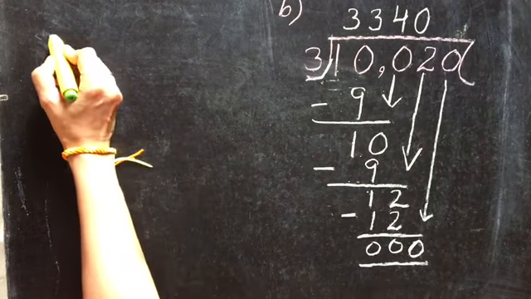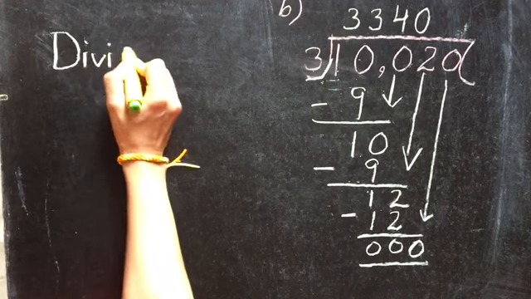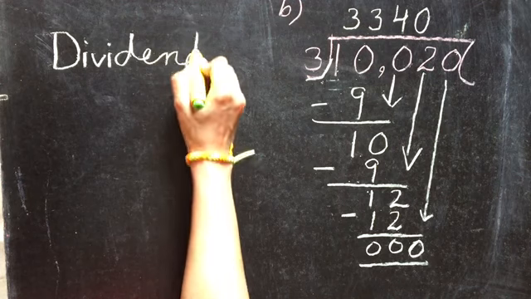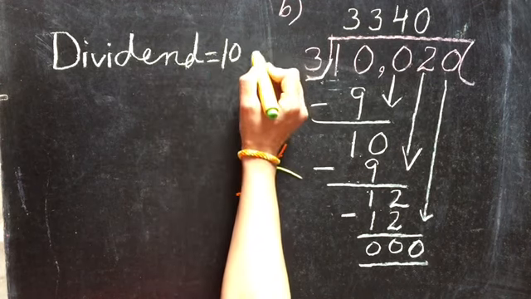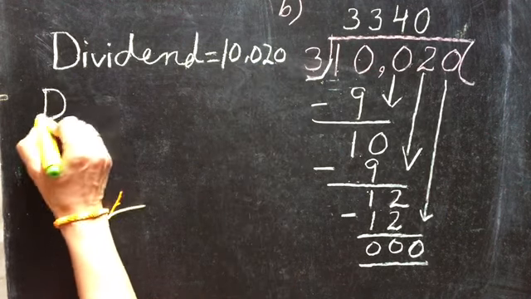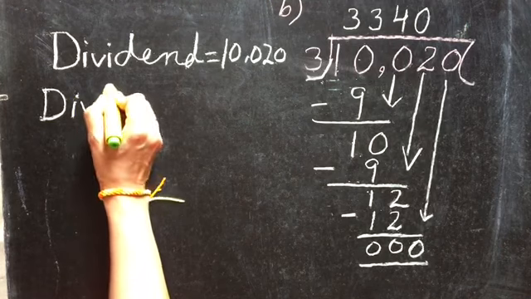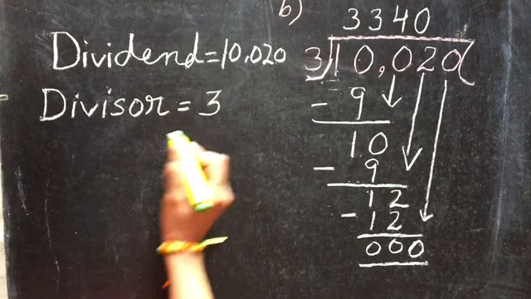So here what is the dividend? It is 10020. Divisor, the number with which we are dividing, is 3.